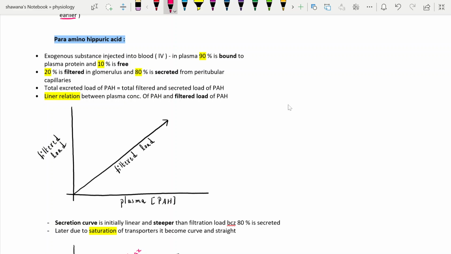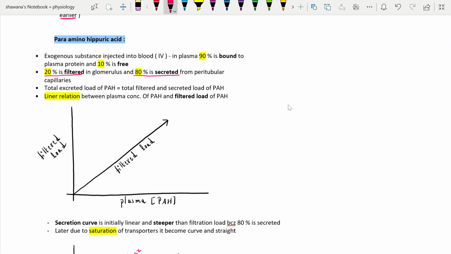But when it is filtered in the glomeruli, only 20% of it is filtered. What does it mean? That 80% of the para-aminohippuric acid is actively secreted from the peritubular capillaries into the nephron. The filtration rate of PAH is lower and the secretory rate is higher.